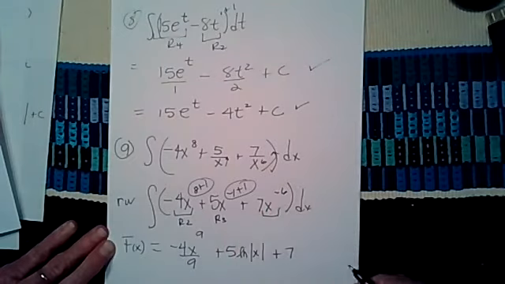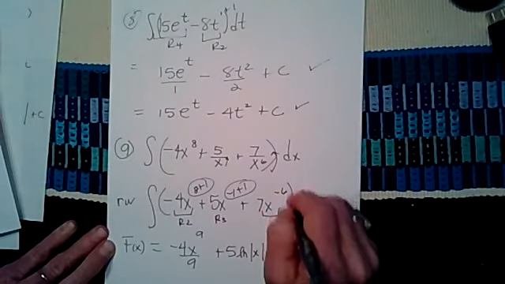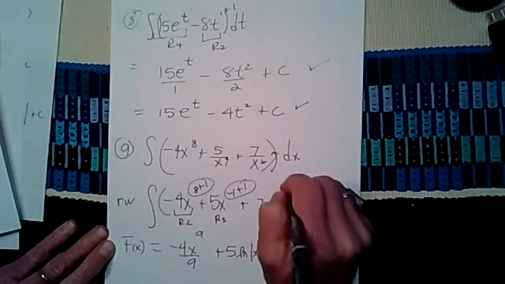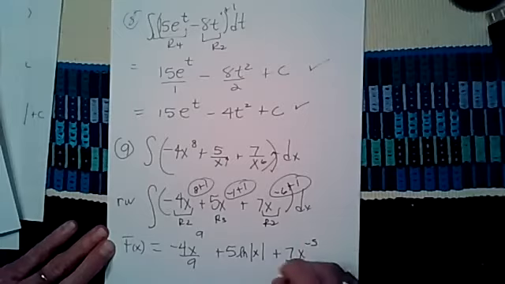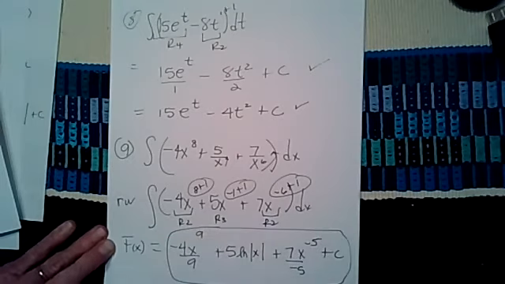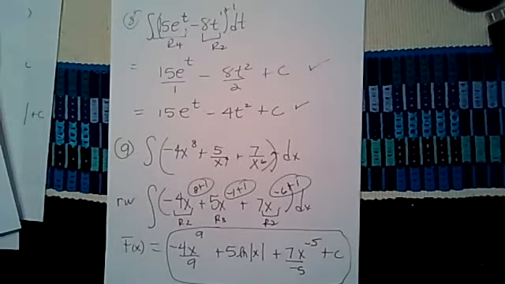And this exponent isn't negative 1, so I can use rule 2 there. Add 1 to the exponent, and it's x to the negative 5 divided by negative 5 plus c. And I'm done. I'm just using my 4 rules over and over.